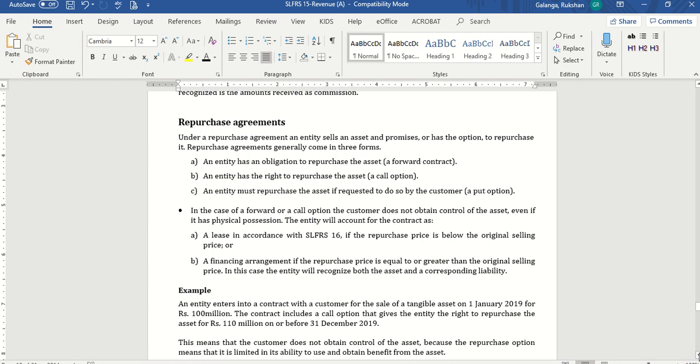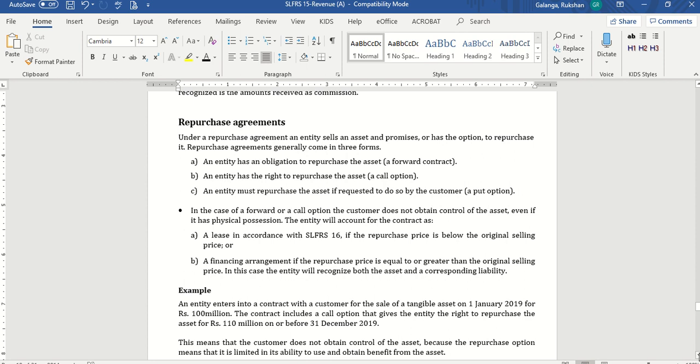Okay, right. Then next we will move to the repurchase agreement, right? A bit of a confused area, but we'll try to make it understandable. Repurchase agreement. What do you mean by repurchase agreement? Repurchase agreement in the sense you sell a particular asset with the intention to repurchase that particular asset.